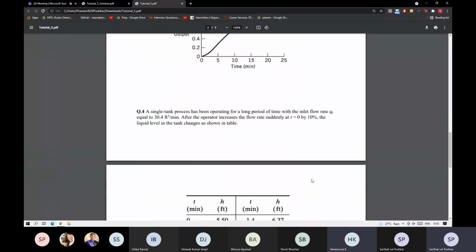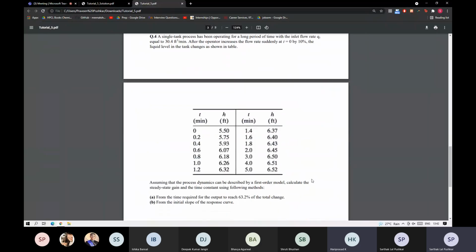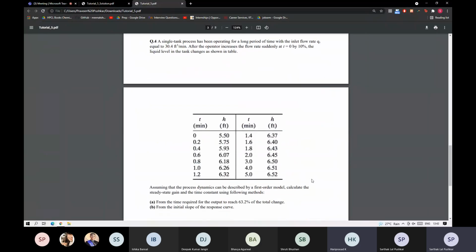So maybe I think the last question we will stop at the moment, because this is definitely not covered in the class. So maybe this we can probably take up starting from the next tutorial, okay? Because the fifth, I guess this is not covered, right? Let me check.